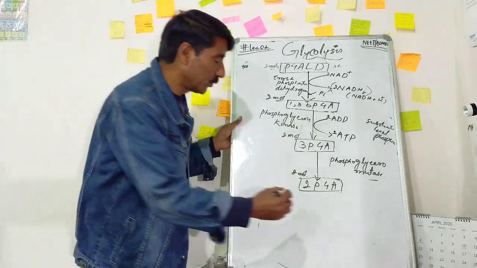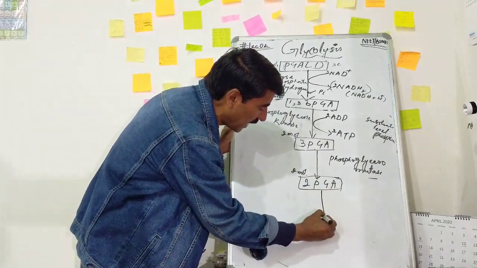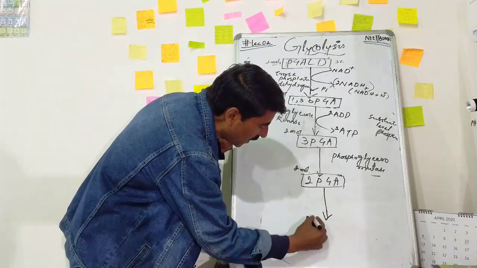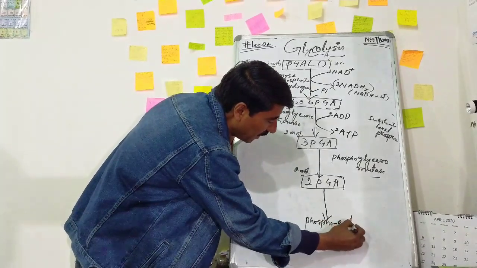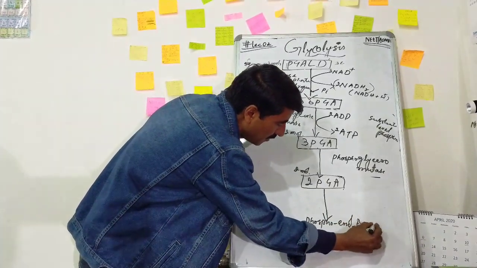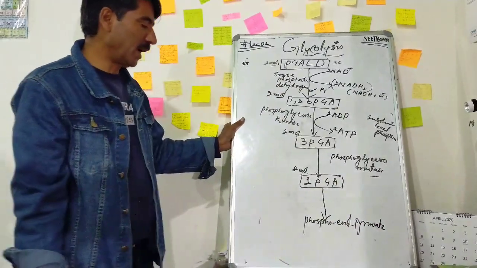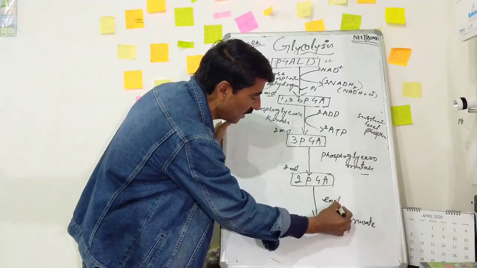Now these 2 molecules of 2-phosphoglyceric acid get converted into phosphoenol pyruvate. Here actually dehydration takes place, and this is done with the help of the enzyme enolase.